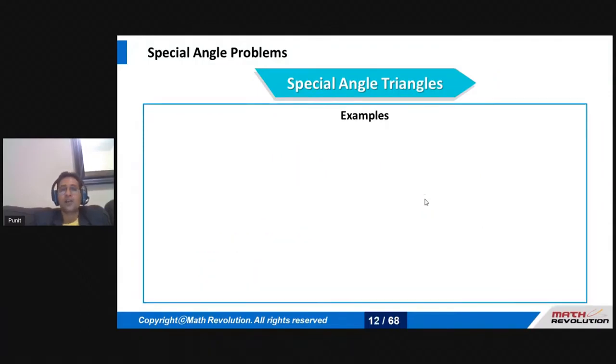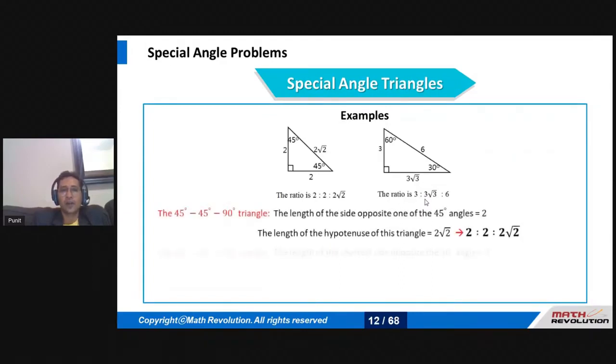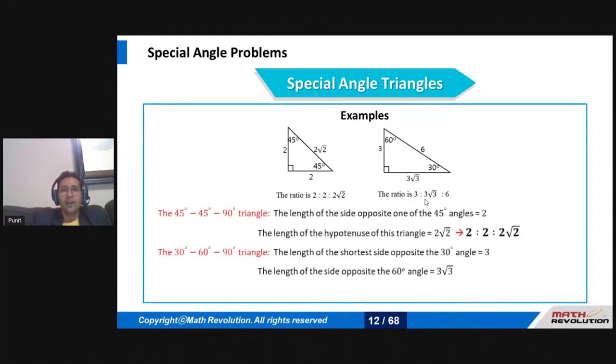Now let's talk about a simple example directly on this. On the left hand side, we have taken the 45, 45, 90 triangle, and the length of the side is 2. So the hypotenuse directly becomes 2 root 2. Suppose there is an isosceles right angle triangle in which the side length is 5, your hypotenuse becomes 5 root 2.